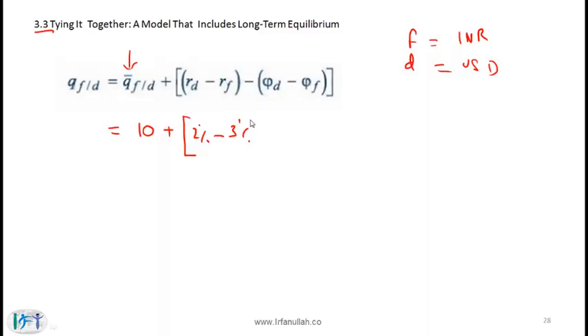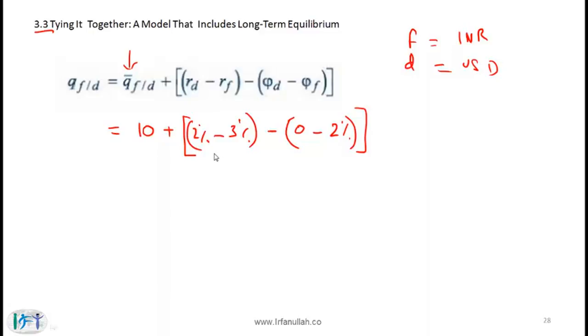So we have this number over here, and then minus we have the risk premium on the domestic currency. So let's say that the US currency is very low risk. So for simplicity, the risk premium on the US dollar is 0, and the risk premium on the Indian rupee, let's say, is 2%. So typically a currency that is more volatile, and typically currencies in emerging markets will have a higher risk premium.